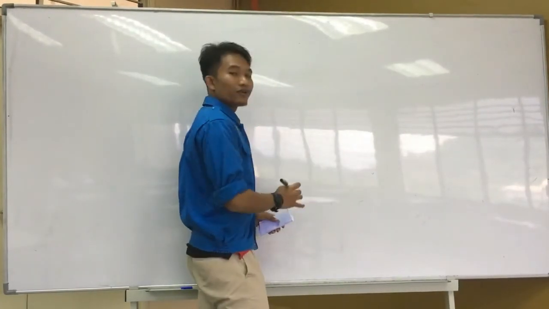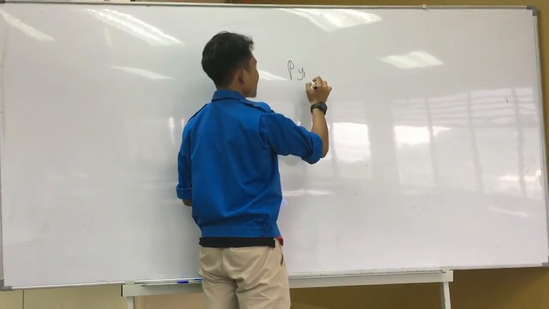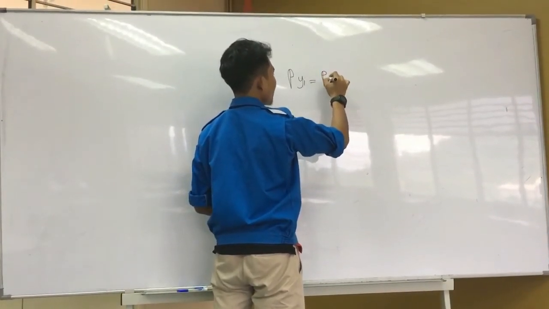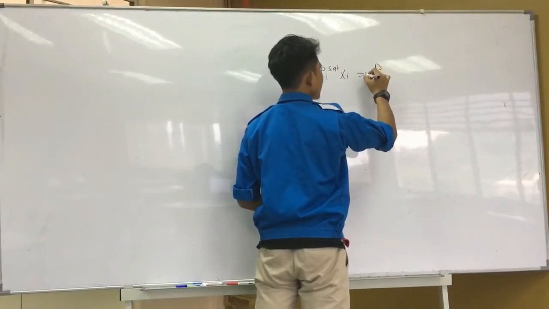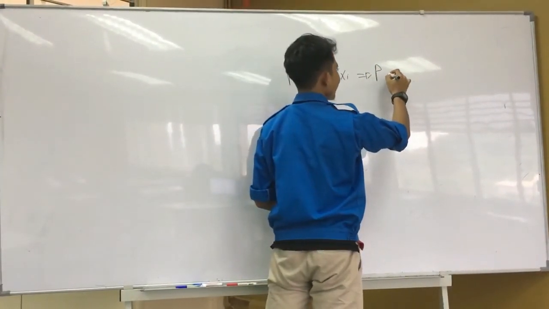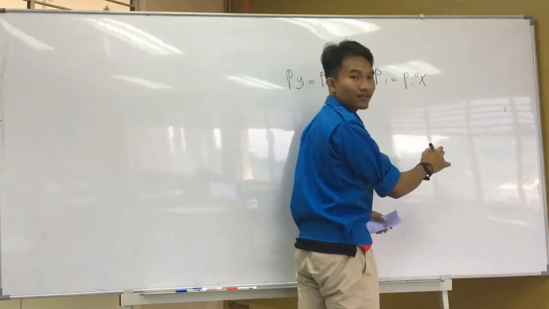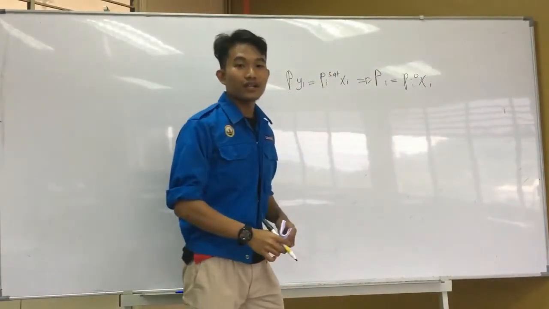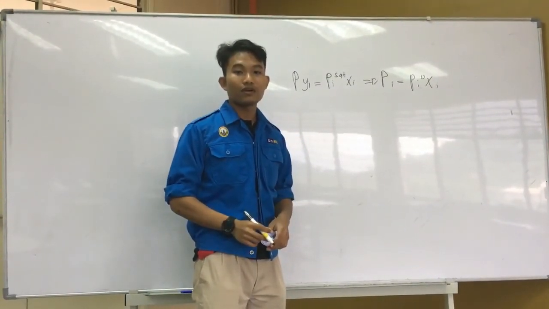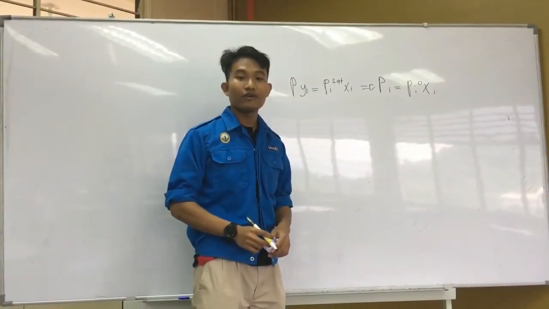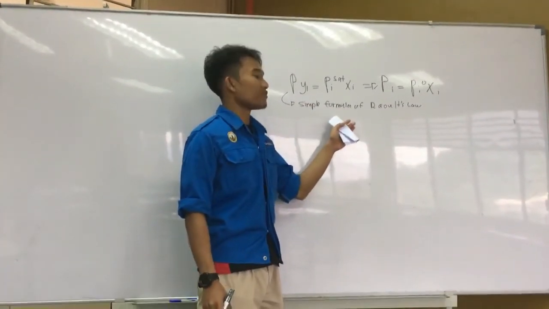This is the simple formula for Raoult's law: P multiplied by Yi is equal to Pi sat multiplied by Xi, where Pi stands for the partial pressure, Pi sat stands for the vapor pressure, and Xi stands for the mole fraction.